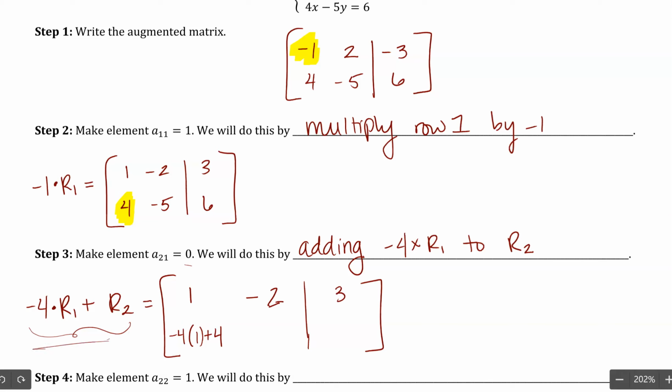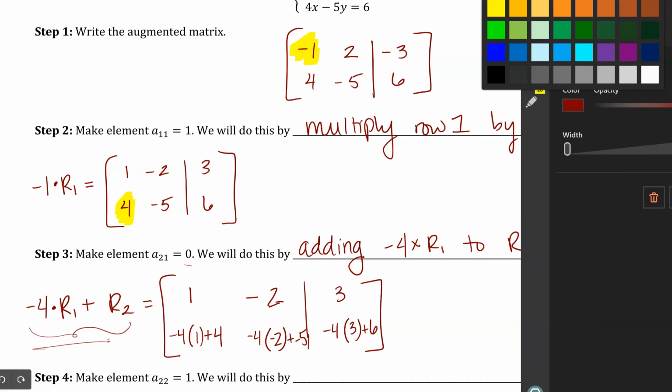Okay, we're following along right here. -4 times the entry in row 1, -2, plus the entry in row 2, -5. Then -4 times the entry in row 1, which is 3, plus the entry in row 2, which is 6.